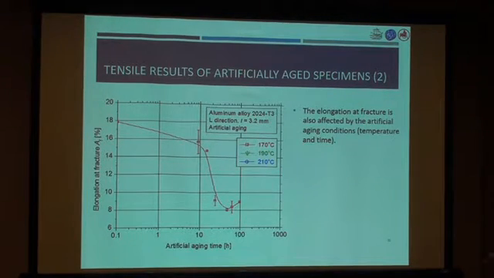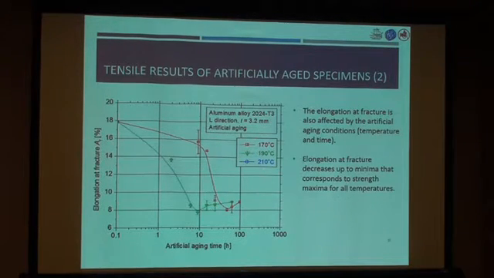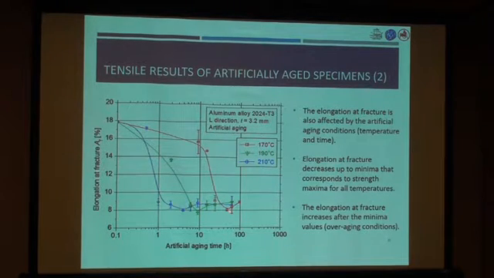But the most critical parameter is ductility, which has the opposite effect against the yield stress. The peak aging here is accompanied with a local minimum in tensile ductility.